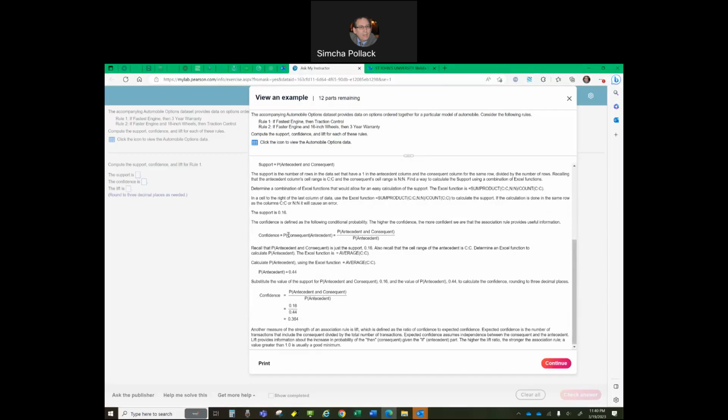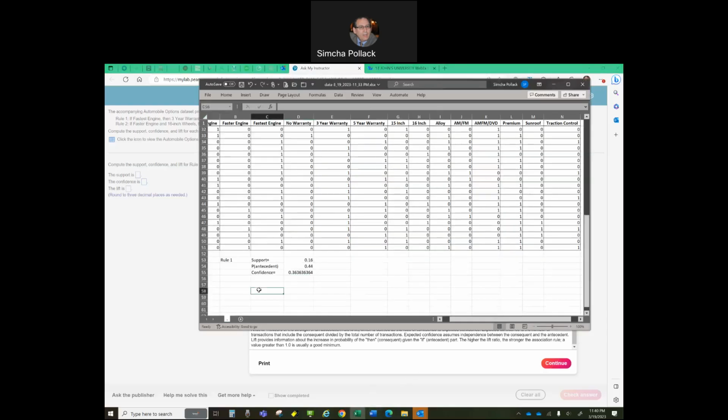Then the probability of the consequent given the antecedent is just the probability of the consequent, because the given information is irrelevant. In other words, how many ones there were. We know how to do that.